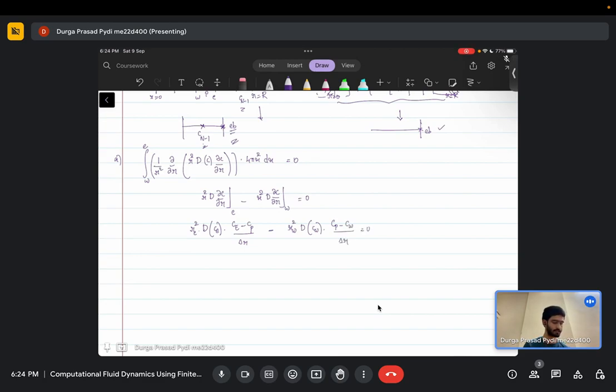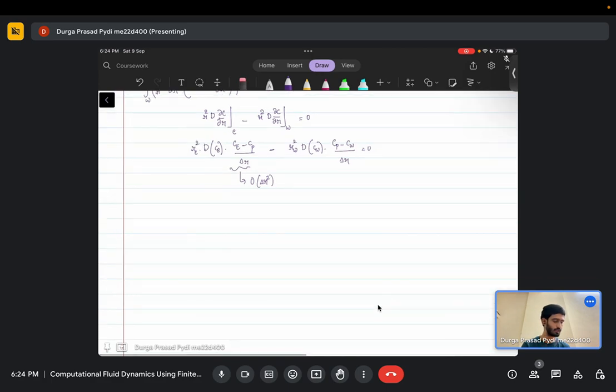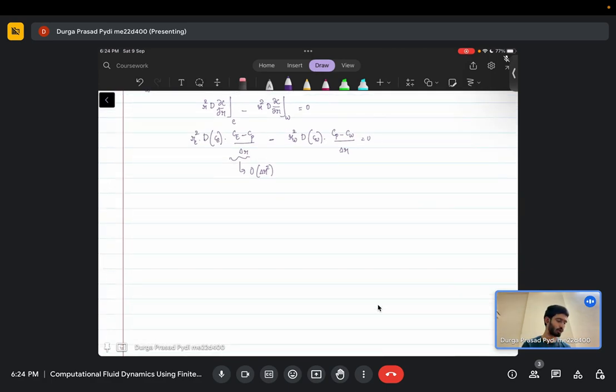As we have previously discussed, this type of linearization is of order delta r square, so it's a second order accurate profile. The problem is we don't know the values of c little e and c little w. Like, r east and r west are known. So r east will be essentially rP plus, if you assume a uniform grid, delta r by 2, and r west is again straightforward, so it will be rP minus delta r by 2.